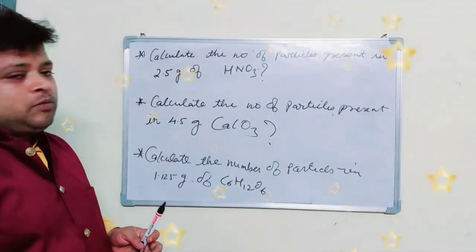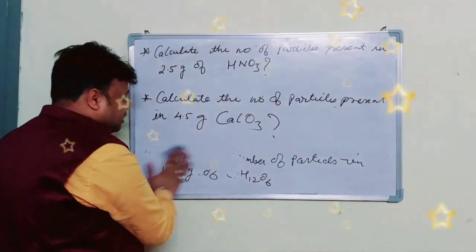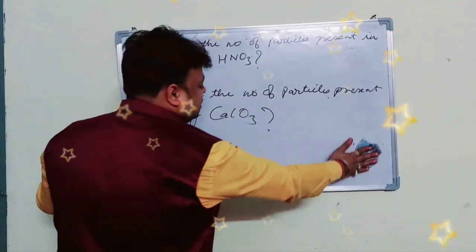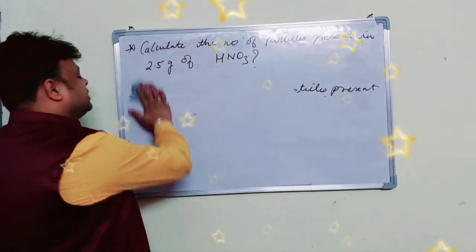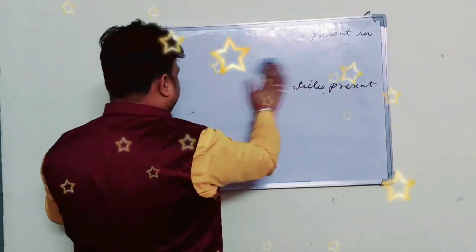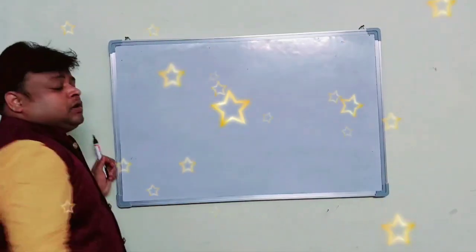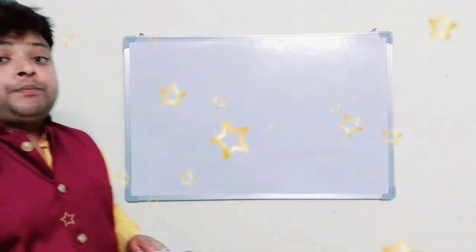Okay, again I am going to tell you the third type of numerical too, right? So the third type of numerical is actually asking you the value of small n, meaning the number of moles, when the number of particles is given.